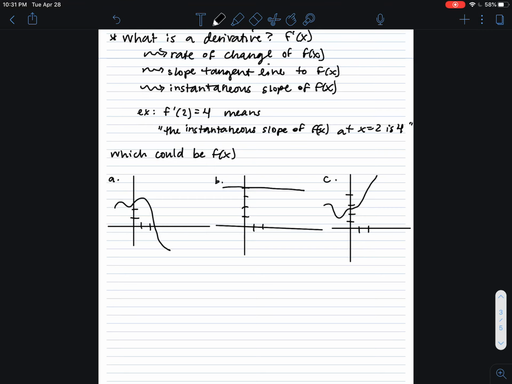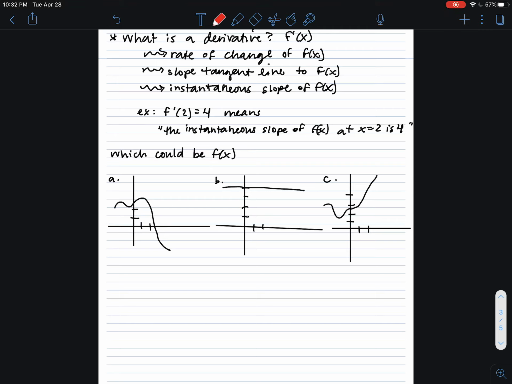So just to rule things out, we know if we look on this guy, we're talking about the instantaneous slope of our function at x equals 2 being 4. So if we look at x equals 2, our function has a negative slope right here. So we know that it couldn't be 4 because 4 is a positive number.